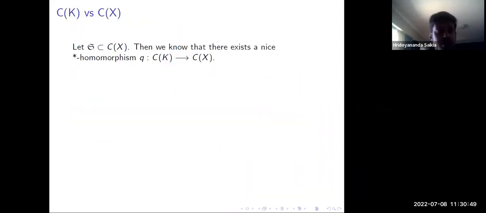Now I'm again going back to convexity for a reason. Suppose I have an operator system contained in the commutative C-star algebra C of X. Here I already have a topological space X. So this operator system is very concrete and very beautiful.